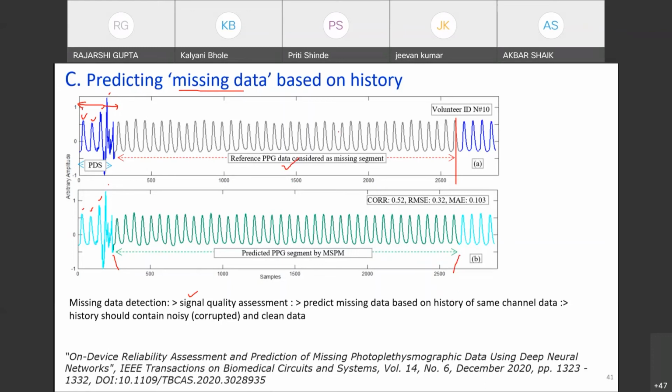What we did is that initially we had a signal quality assessment. Based on this, we could predict the missing data based on the history of the same channel data, where the history can contain some corrupted data as well as some healthy data.